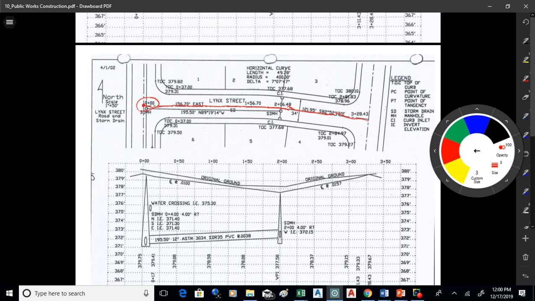We've got some other points marked out here. We're going 156.7 feet due east there, and then that gets us to 1 plus 56.7. Then we get into a curve because we're changing direction. So we've got a horizontal curve in there, the length of which is 49.78. So that gets us to station 206.48. And then we proceed in this direction called a bearing.